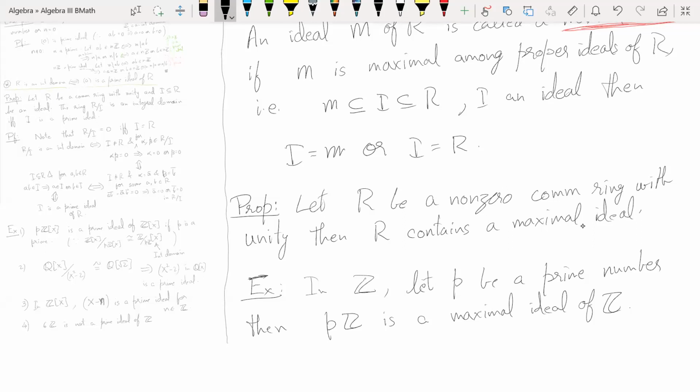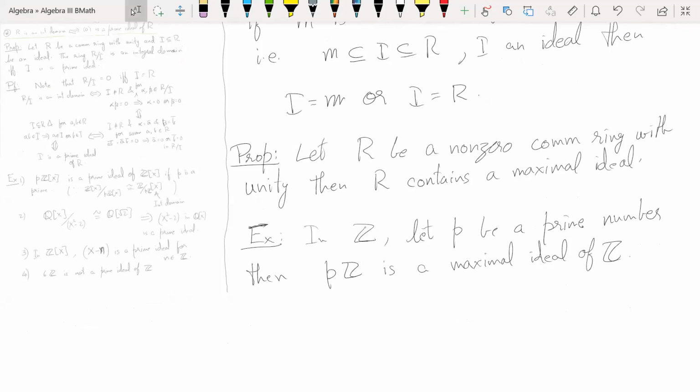For integers, we know these two are equivalent. For this one, we will use the second definition, that the only factors of p are 1 and p. So suppose I is some ideal between pZ and Z.